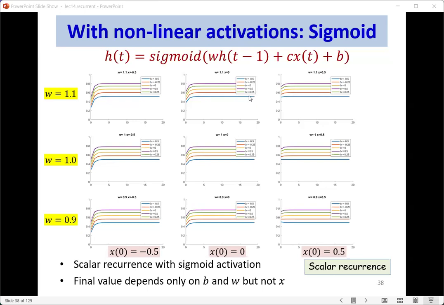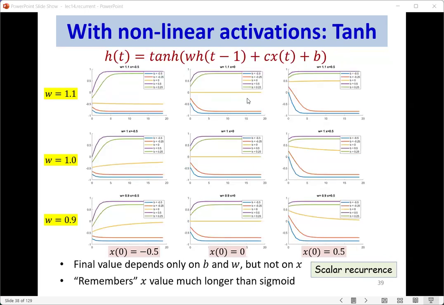Right. And so, same thing. If I use a tanh activation, I get much the same response. Here, it also has some dependence on the weights. It depends on the weights and the bias. But what we will find is that within each row, the long-term response is the same, meaning each row has one weight and different biases. And you're going to see that within each row, the long-term responses are the same. There may be differences between the rows.